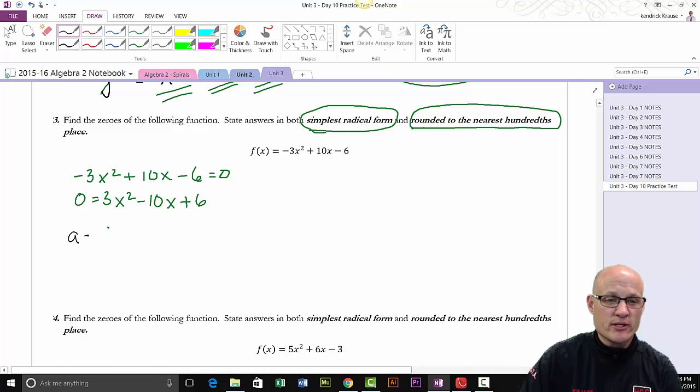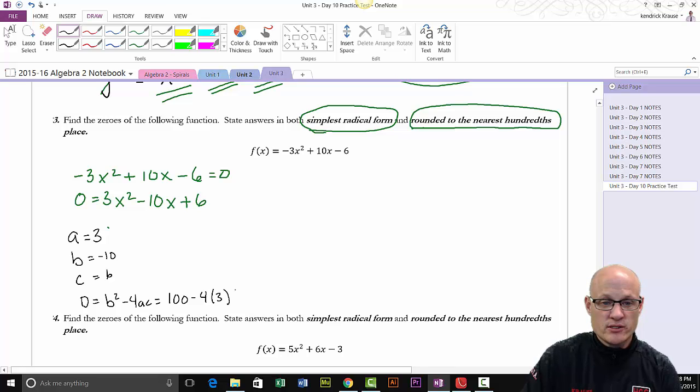So a is 3, b is negative 10, c is 6, and d, you'll recall, is the discriminant b squared minus 4ac. Which is equal to 100 minus 4 times 3 times 6. And that is 12 times 6 is 72. So this is 28.